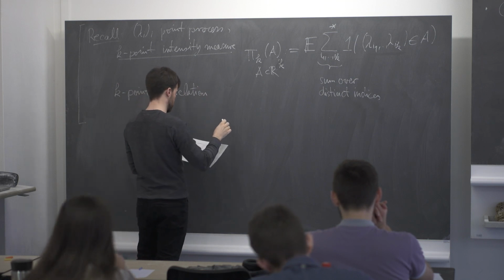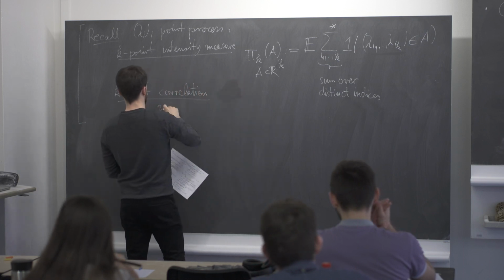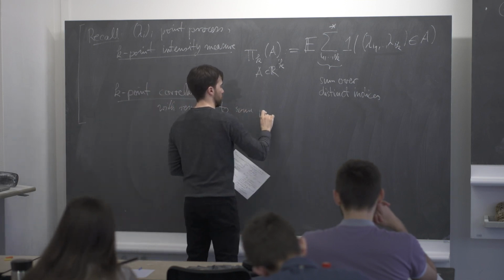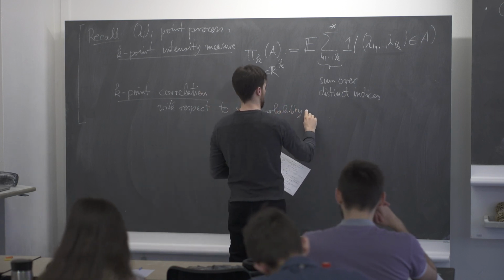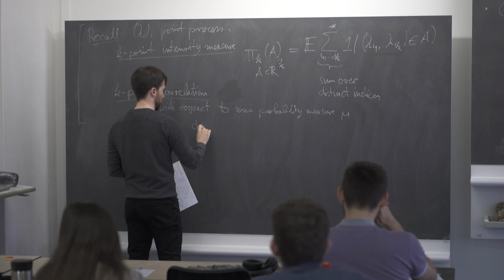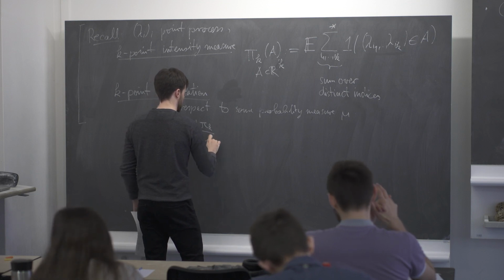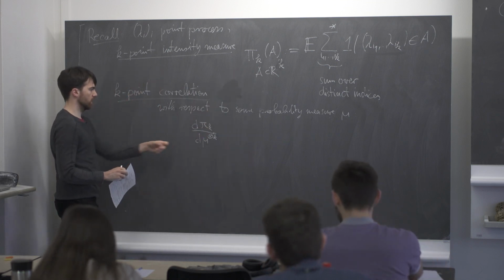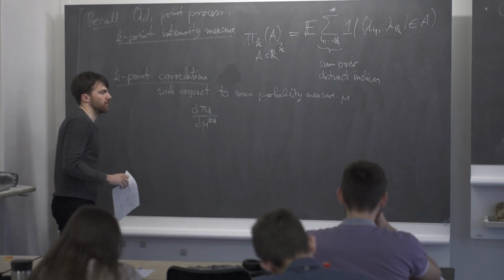So the k-point correlation function with respect to some probability measure mu is then the following: you look at the density of the measure pi_k with respect to the tensor product, the k-fold product measure of this reference measure mu.